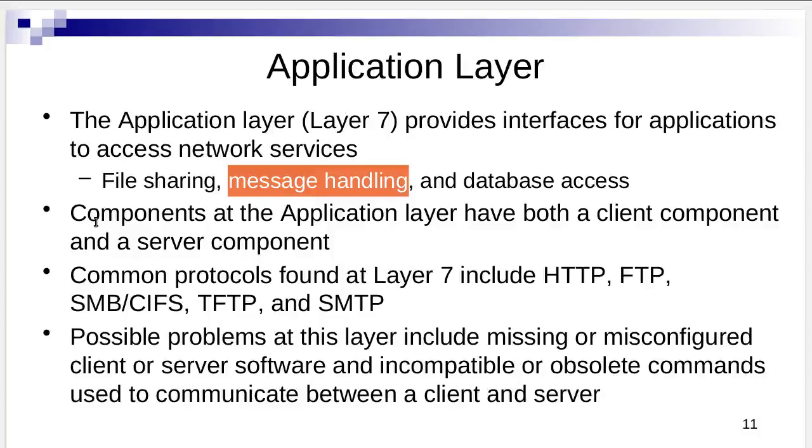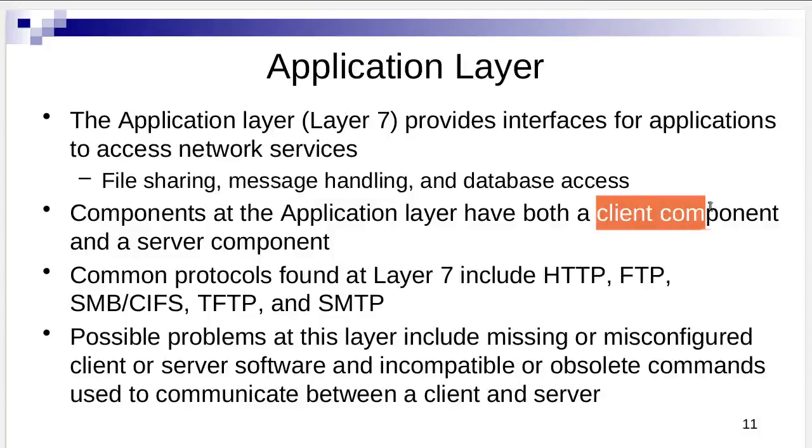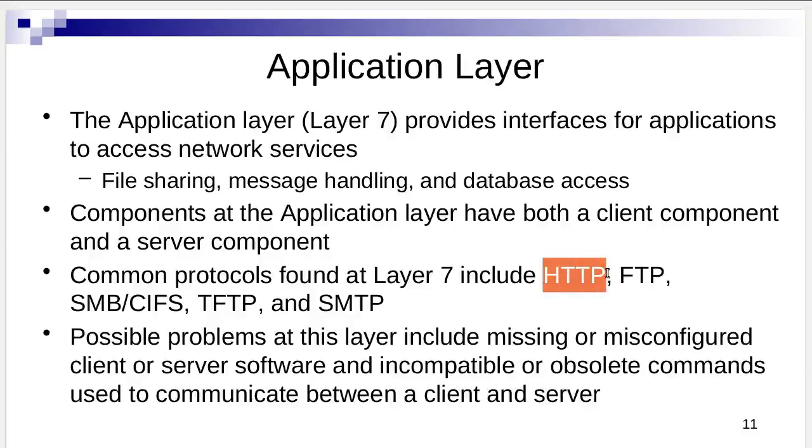Usually you'll have a client component like a browser talking to the application layer on the client. And then at the other end, on the server side, you have the server-side application layer talking to the actual web server software. Protocols that you use at layer 7 include HTTP, and HTTP and HTTPS are used interchangeably.